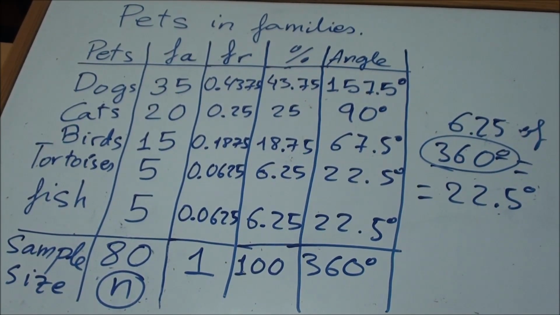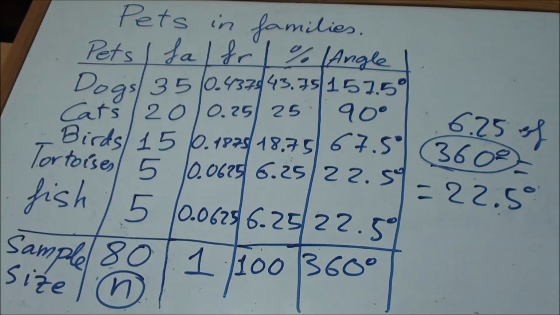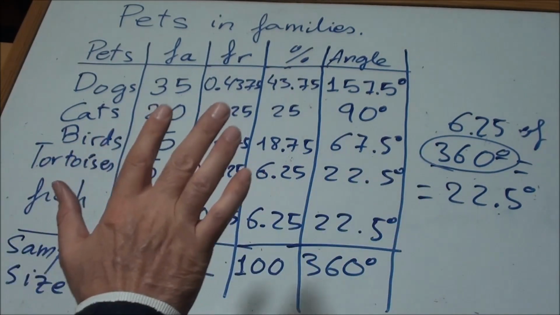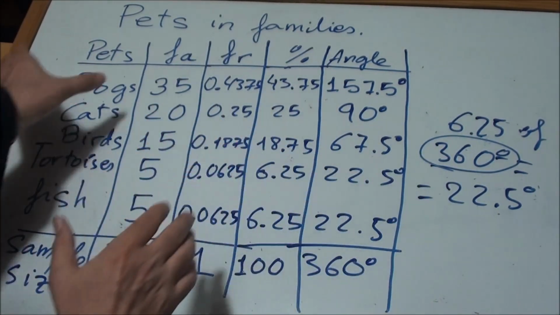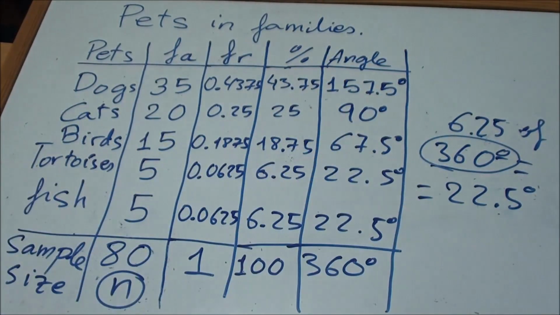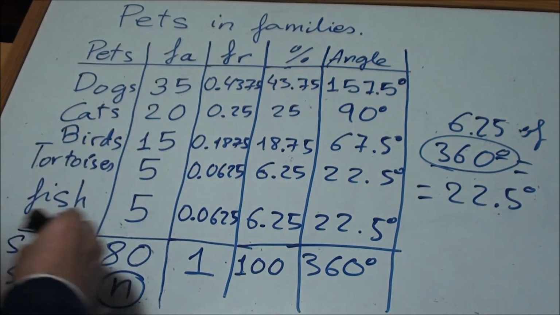So now we have here the complete study of a qualitative variable, pets in different families. Now I'm gonna make the pie chart. To make the pie chart, I only need the first column and the last, the angle. So I'm gonna erase all the columns in the middle.